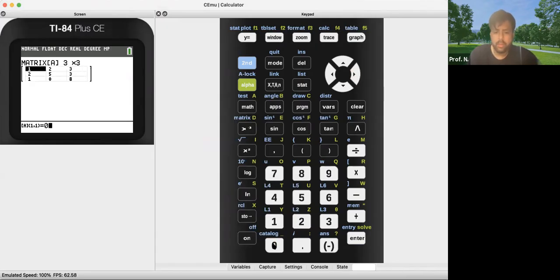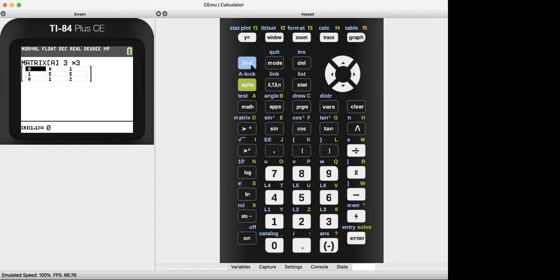So I got 0, 0, 1, first row. Second row is 1, 5, 5. I got 0, 1, 2. Boom, I got the first row's third entry is a -1.